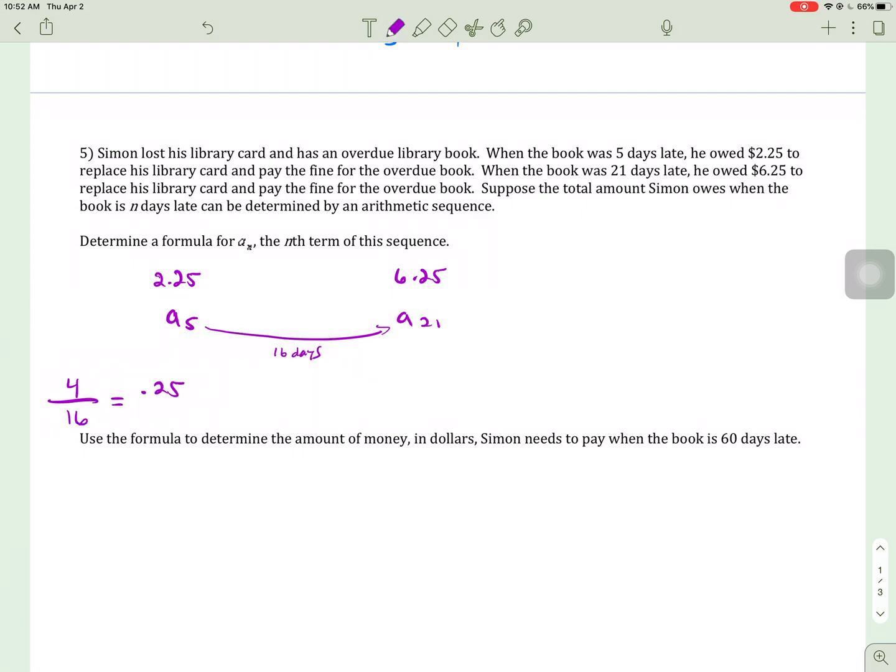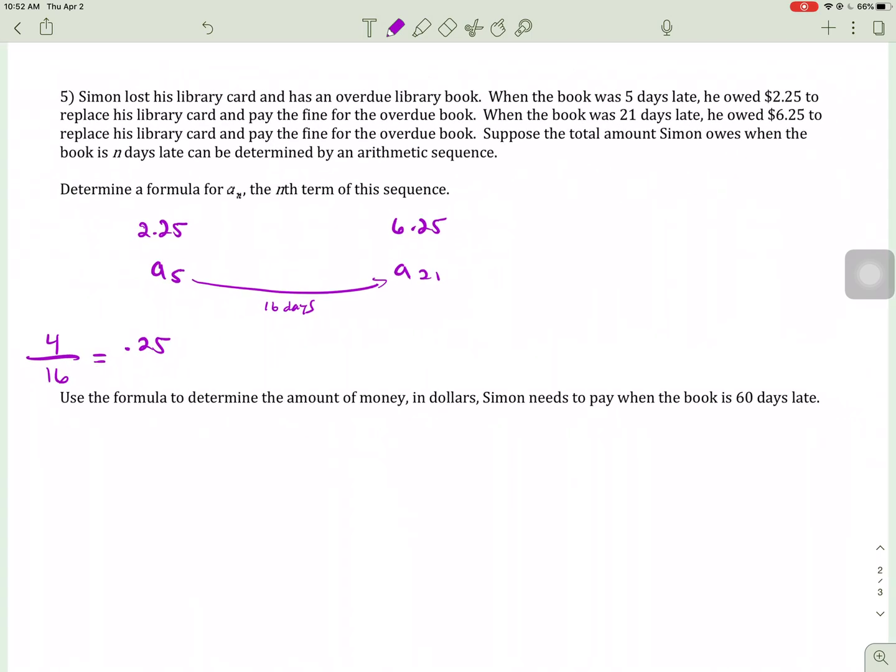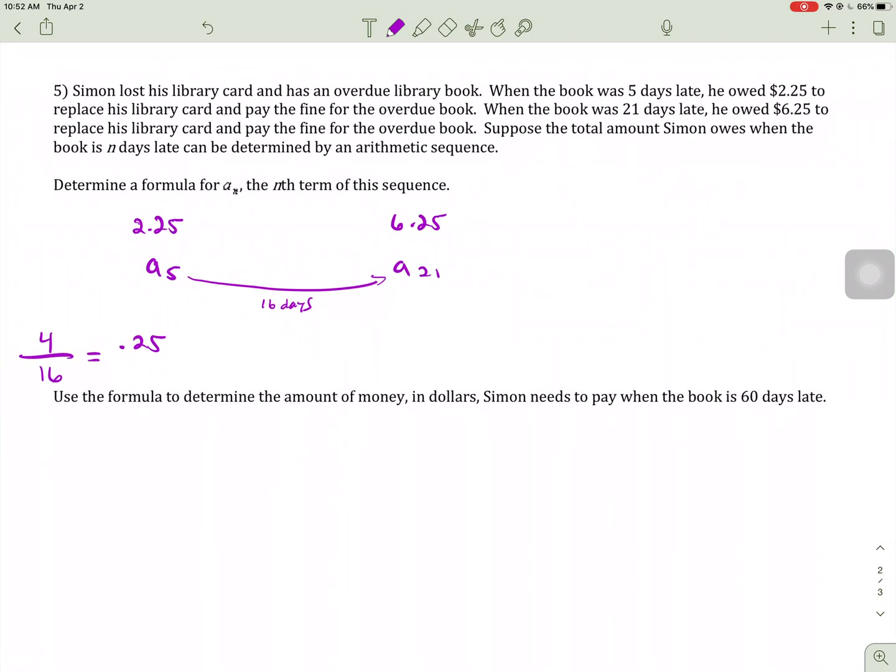Now we have to kind of work backwards and find out, well, what did he owe when it was 0 days late? That's a little interesting. There must be an initial fee of some sort. Let's see. Work backwards. We get a sub 1. Let's see. A sub 4 will be $2.